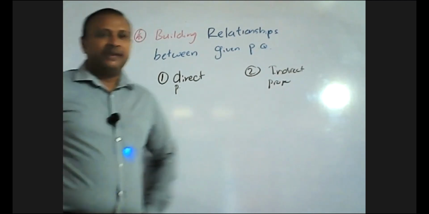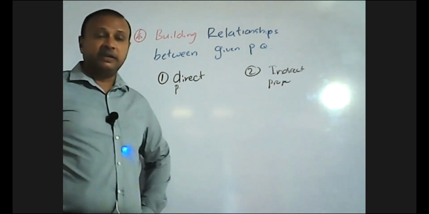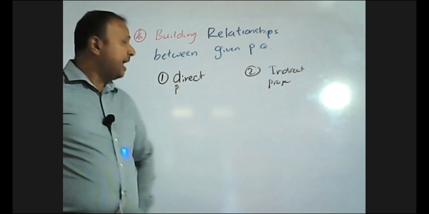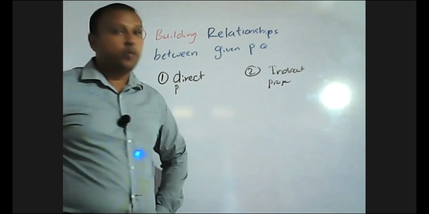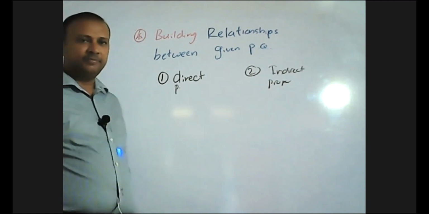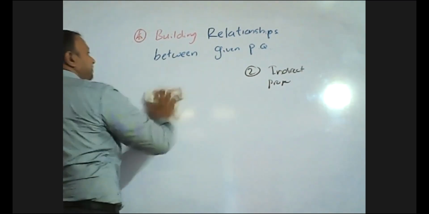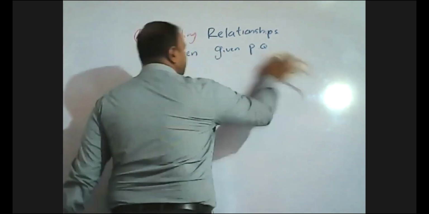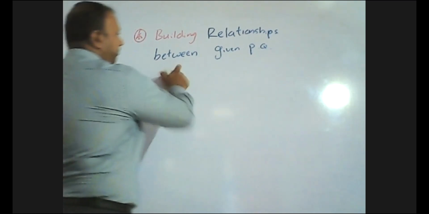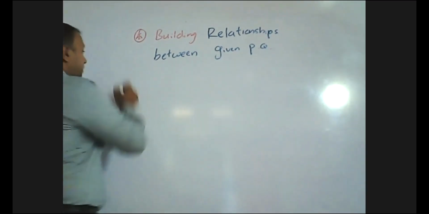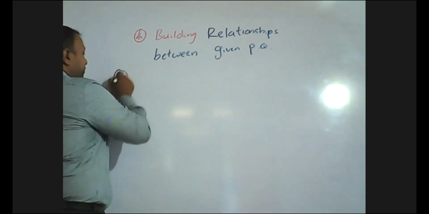Can anyone tell me what is the definition of direct proportionality and what is the definition of indirect proportionality? This is our main topic, and under it we are going to discuss direct proportionality.